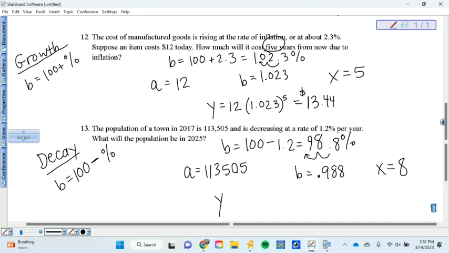So then my equation is Y equals 113,505 times 0.988 raised to the 8th. What does that give us? Perfect. 103,055. I guess people, but yeah.